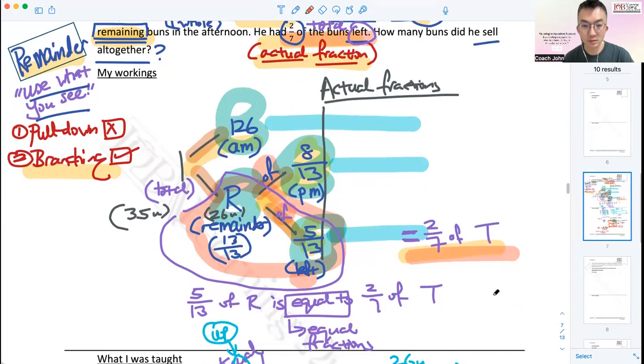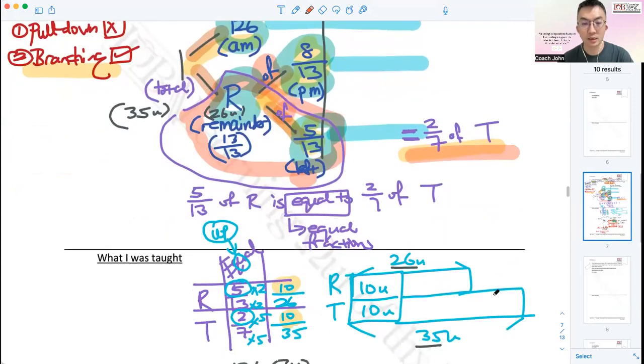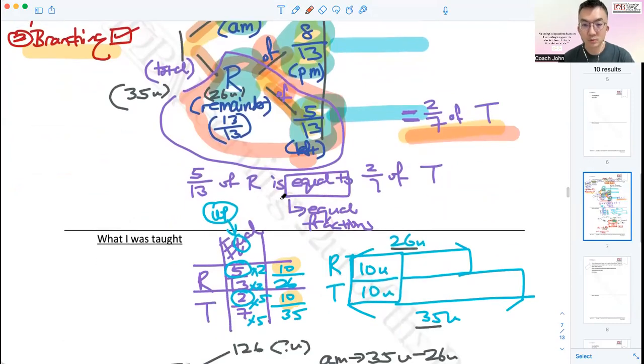So in here, you can see another concept called equal fractions. So let me just repeat. 5/13 of R is equal to, same row, 2/7 of T, which came from here as well, okay? Then with this, you know you have to use your tic-tac-toe and make up the same because it came from equal. Yeah, so a lot of things are all interlinked.